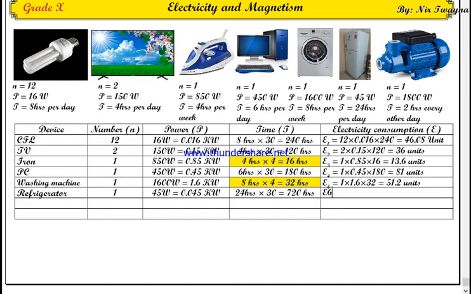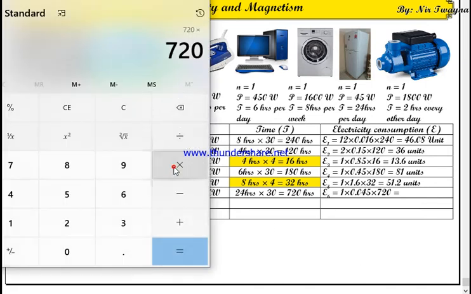And its power consumption E6 equals NPT: N1, P 0.045 and T 720. So it will give 720 into 0.045, 32.4.